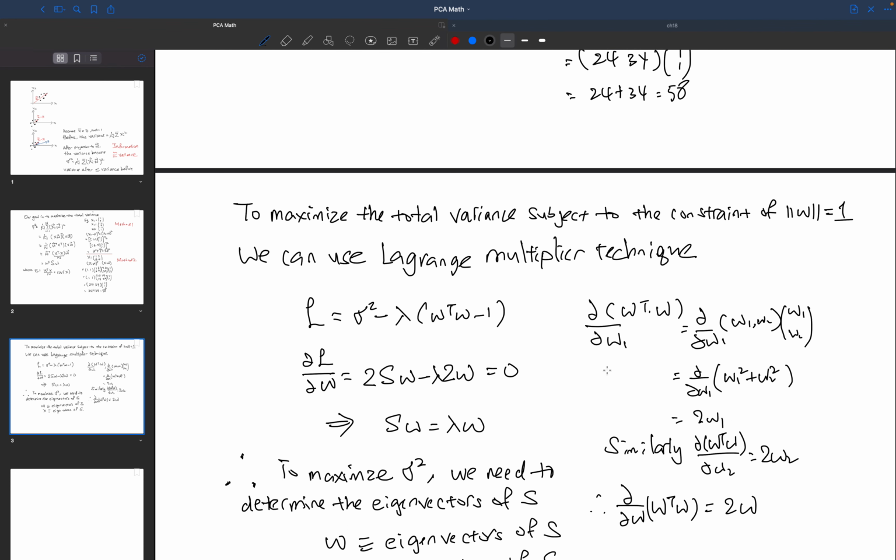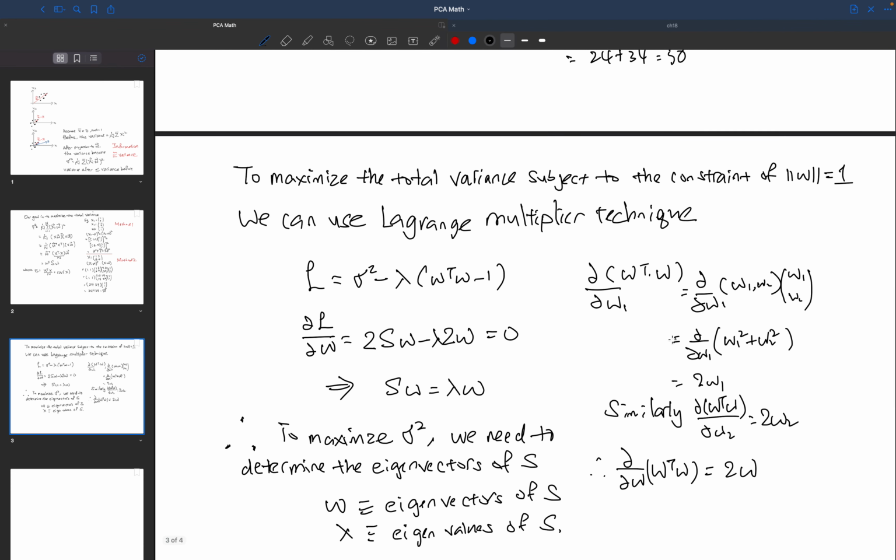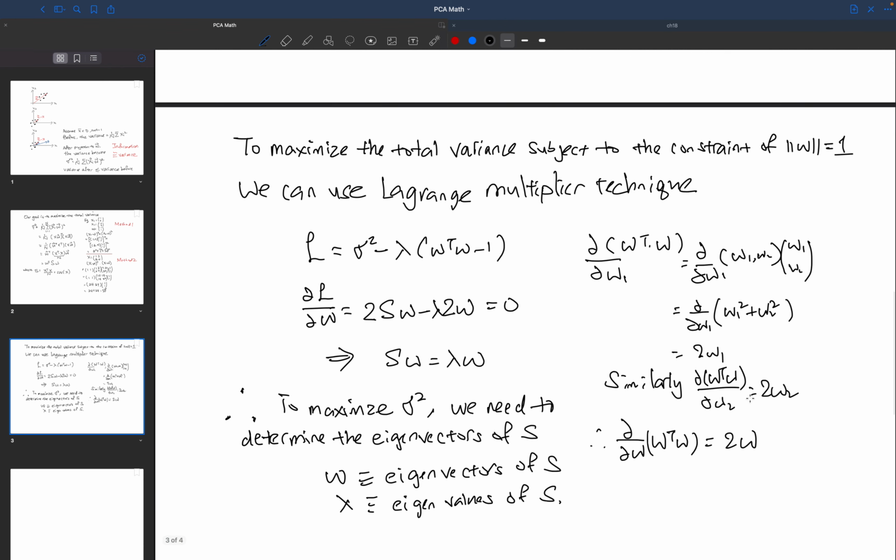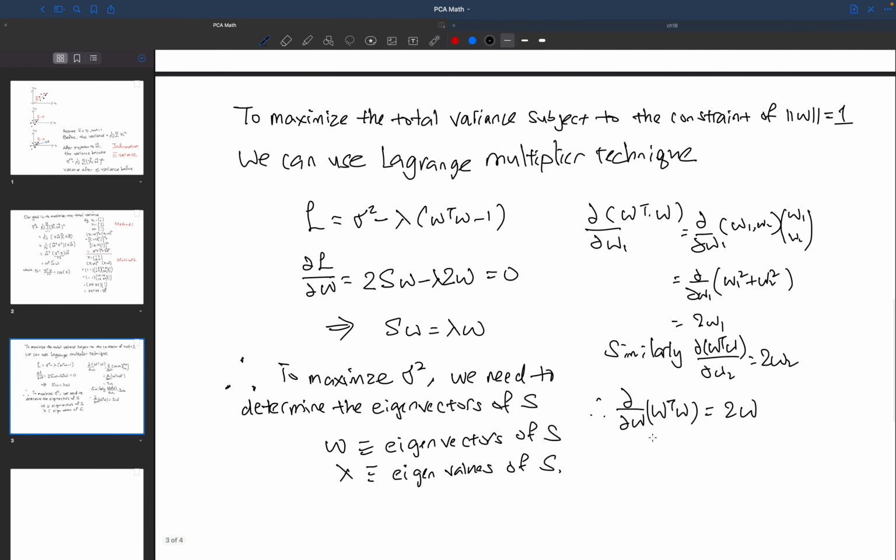How do we get this? Here is one example. Let's assume that we want to take the derivative of this with respect to w1. We can just expand it out, and when we take the derivative with respect to w1, we get 2w1. Similarly, we get 2w2, so we can simply write it in this form. To get the maximum value, we set this derivative to 0, and we get this final expression.